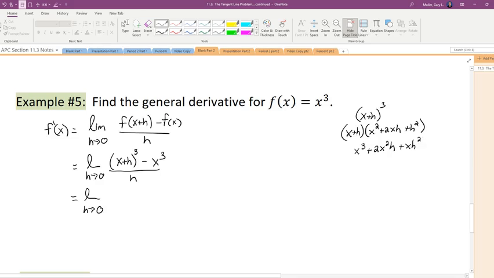And then h times x squared is going to be another x squared h, and then 2xh squared, and then h cubed. So x cubed plus 3x squared h plus 3xh squared plus h cubed.